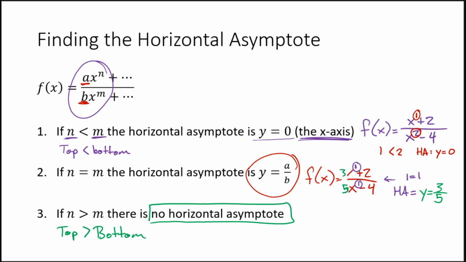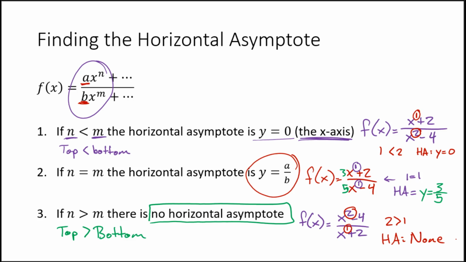A quick example of what that could look like: I'm just going to take the first example and flip it. So we have x squared minus 4 over maybe x plus 2. We see our top power is 2, bottom power is 1. 2 is greater than 1, so we have no horizontal asymptote.